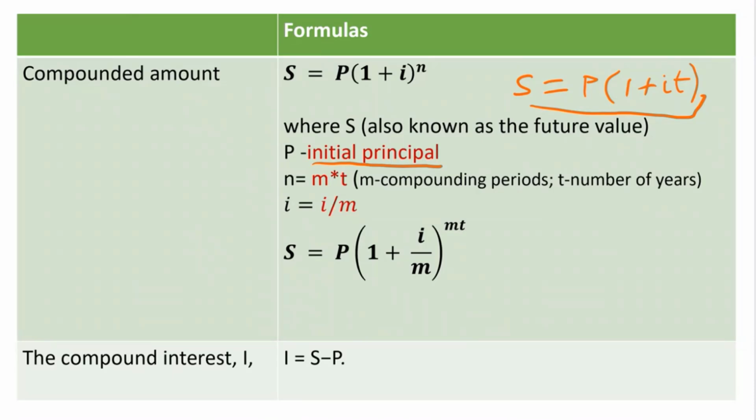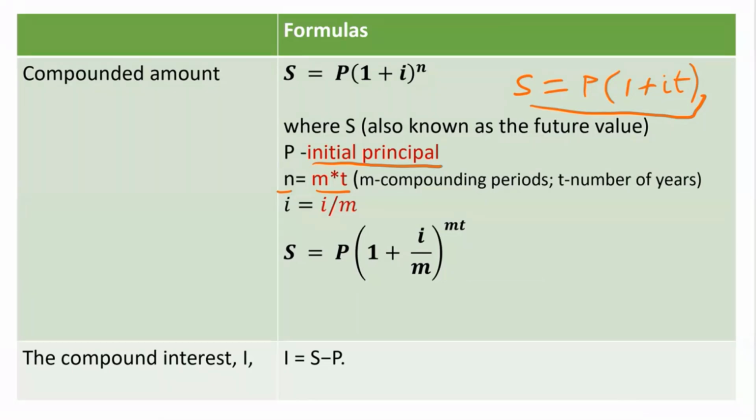We are going to redefine N and say N = M × T, where M is the number of compounding periods, compounding annually, monthly, weekly, and so on, and T is the number of years.